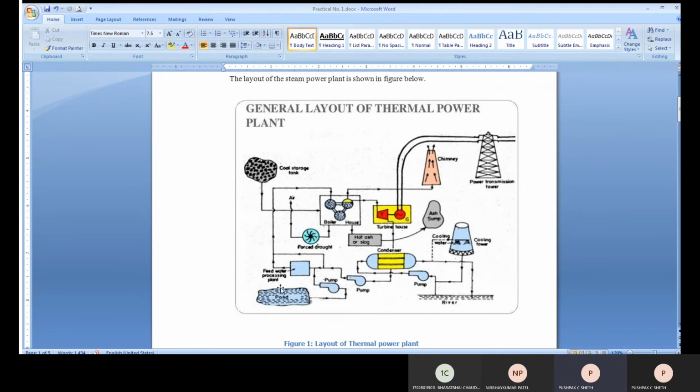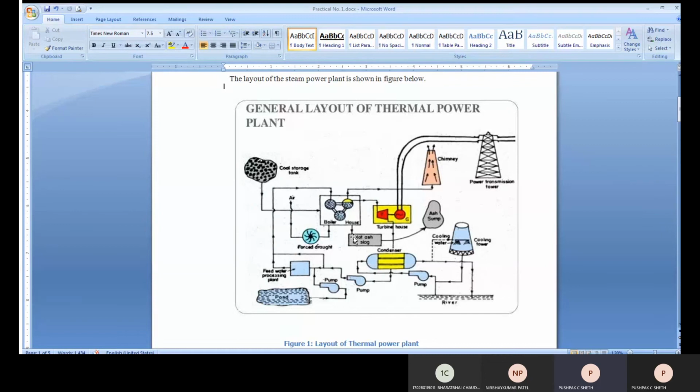Now you can also see the coal and ash handling. Coal from the storage is supplied to the boiler, where it is combusted, and it is converted into flue gas, which goes to the chimney. This is the coal and ash circuit.